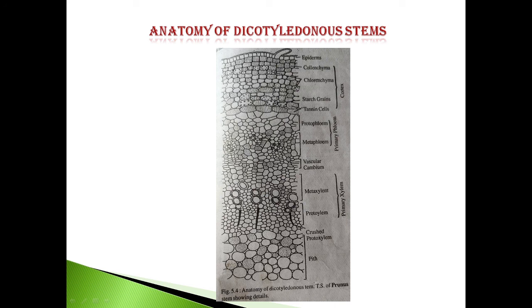Here is the pith region, where the vascular bundles are separated from each other by radial rows of parenchymatous cells. That radial row of parenchymatous cells is known as the pith rays.